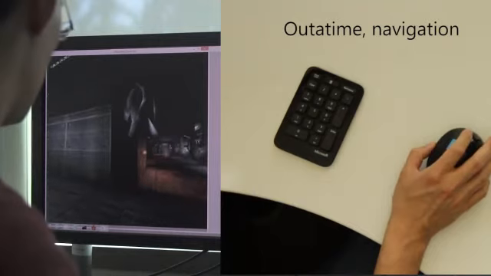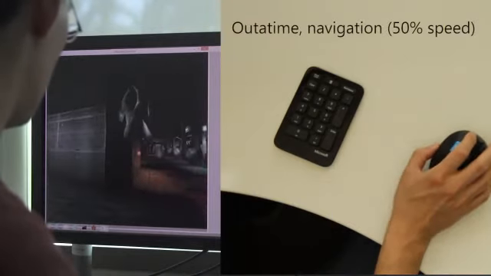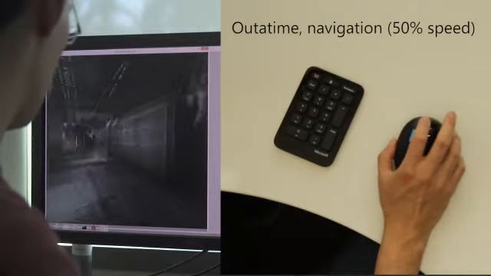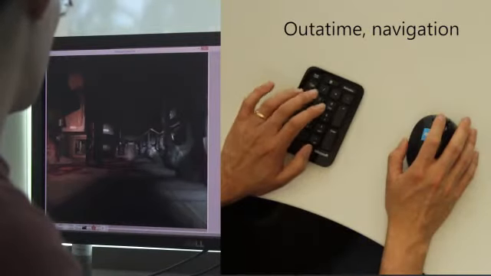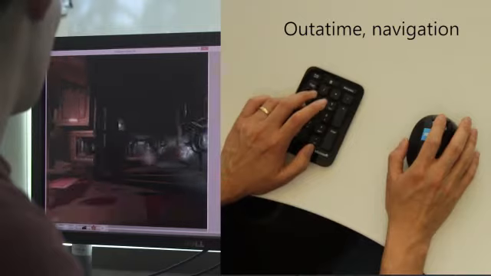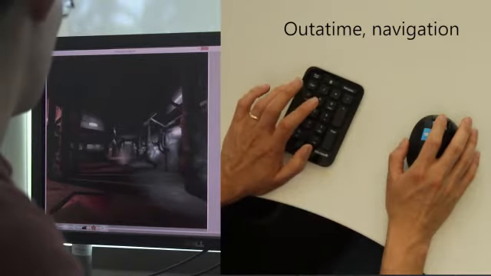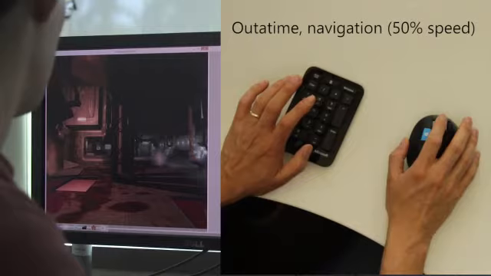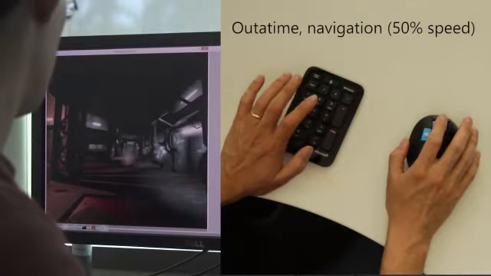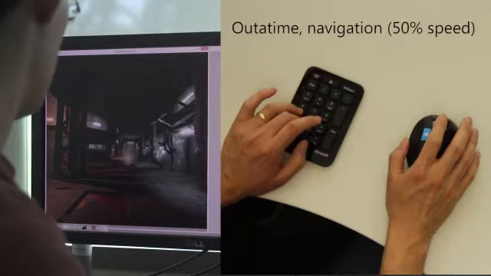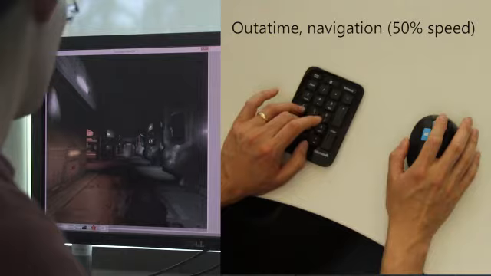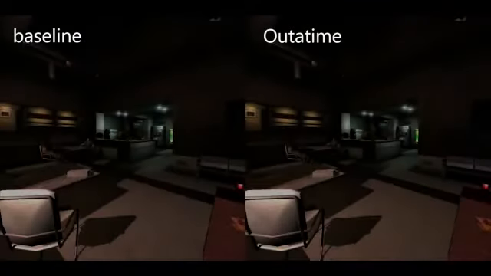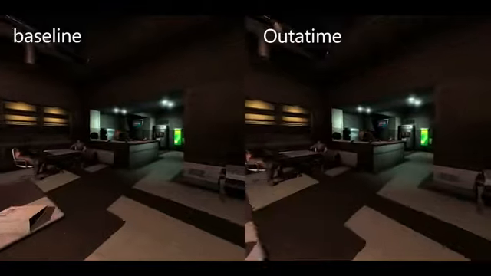Now observe that the responsiveness is much better with Outatime. We can directly compare the differences side by side as well.